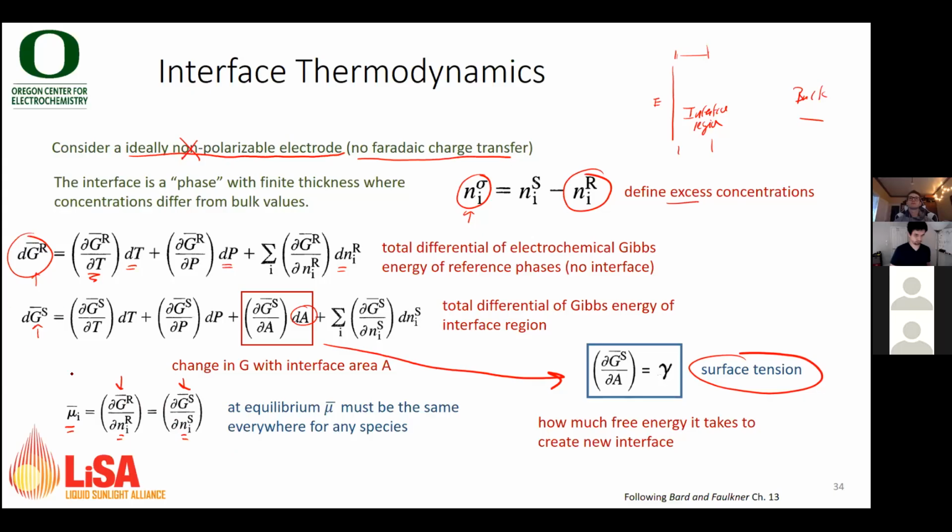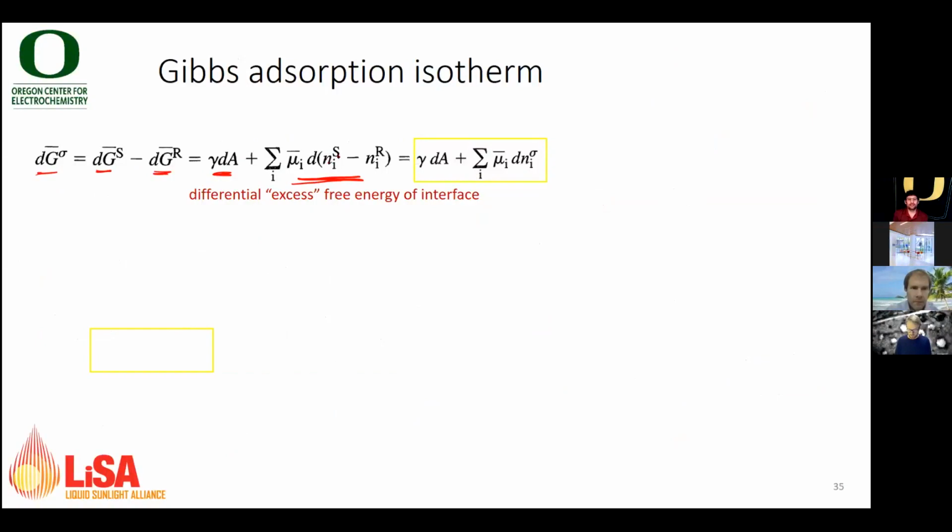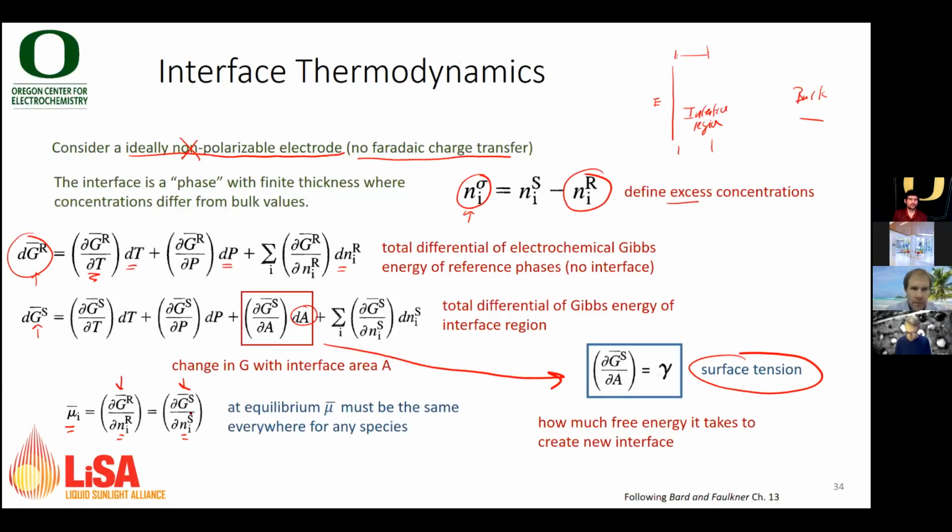So this is how Bard walks through this. We can write then the difference in the free energy of the interface versus the reference bulk. That just has this surface term and this difference in the individual concentration. That's just from taking the difference between these two expressions and introducing these substitutions.